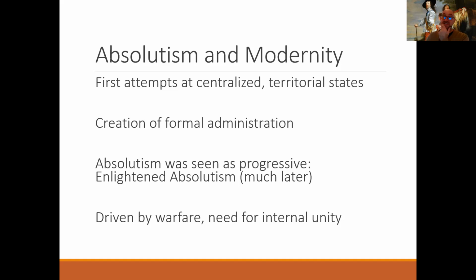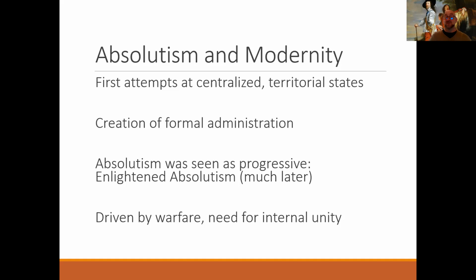The second thing, of course, is the need for internal unity in their states. We've already talked about the wars of religion. Even if that goes away, the state isn't a unitary thing for the most part, for reasons I'll explain in a moment. You have all these groups that have privileges and rights and customs that can't be abrogated.